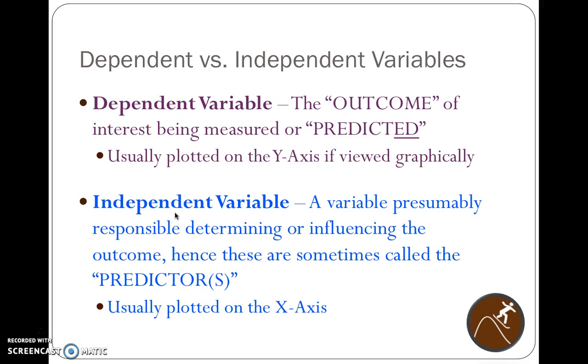Those are just different terms that folks may use, but ultimately there's a dependent variable, which is plotted on the y-axis, and the independent variable, if it's by itself, will be plotted on the x-axis. If there are two or more independent variables, then their fits might be plotted against the x-axis, and that will make more sense as we go later in the class.